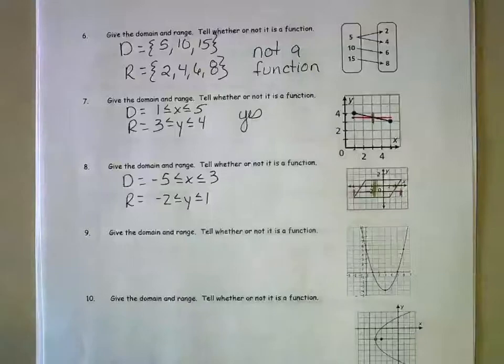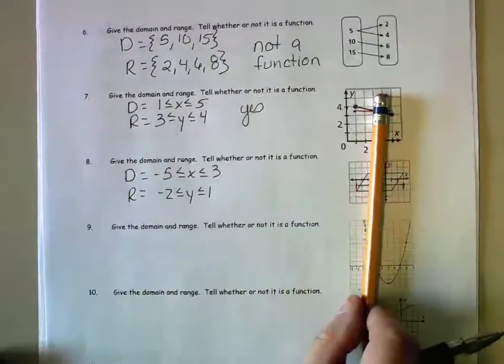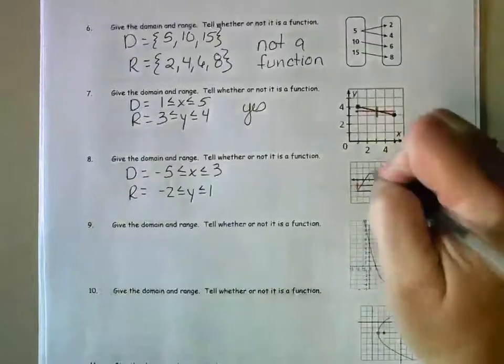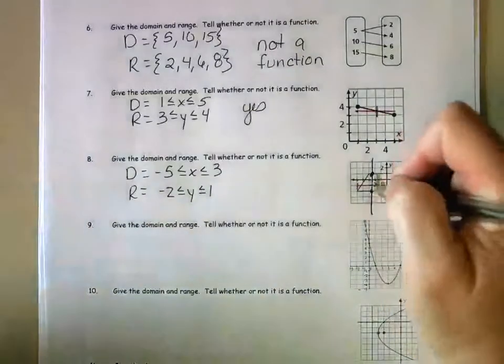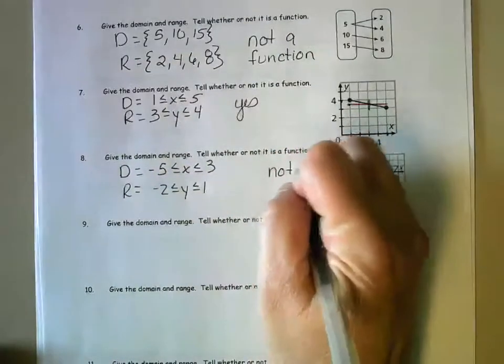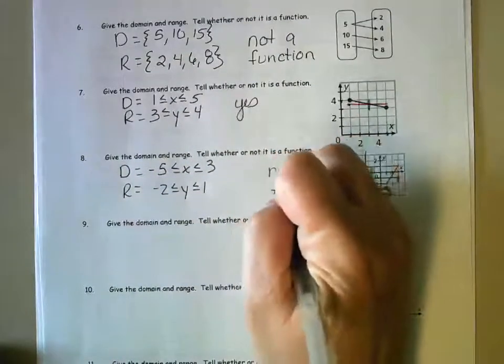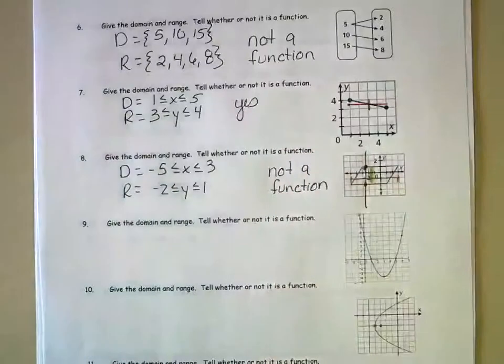And if we want to tell whether or not this is a function, we do our vertical line test. And see when we pass this vertical line, see how it touches in two places? That means it is not a function. It's not a function.